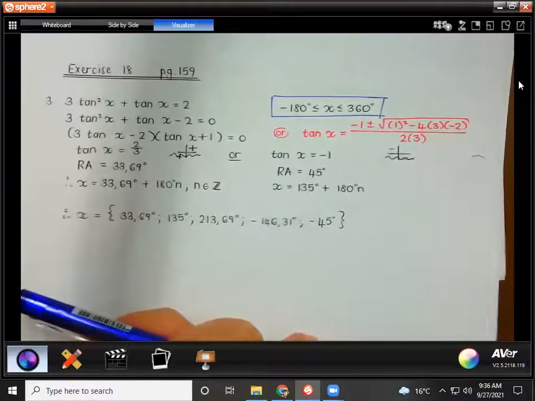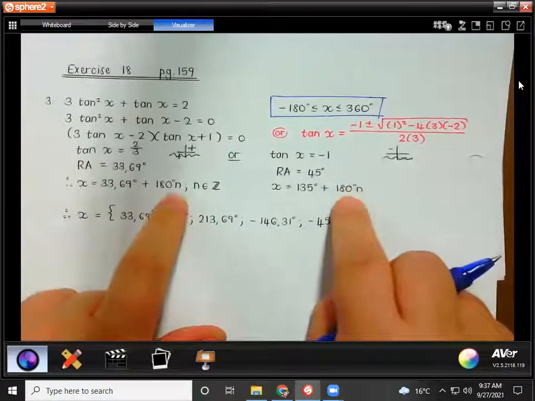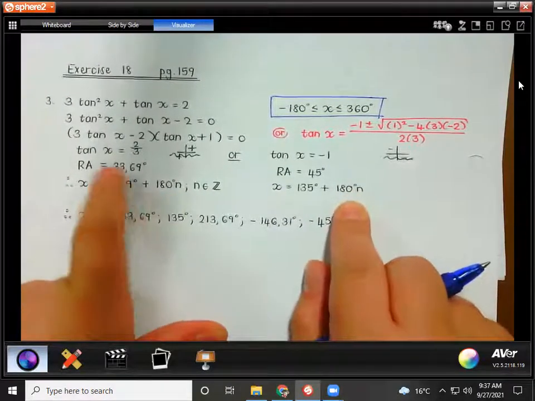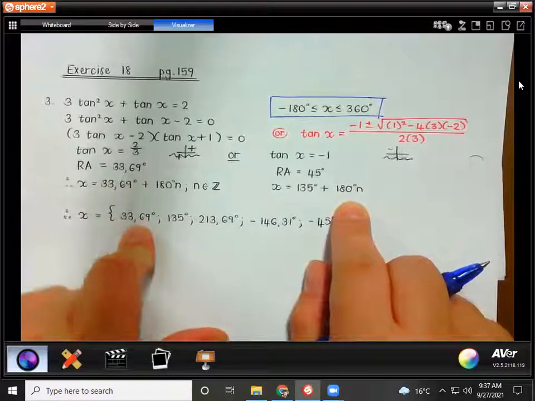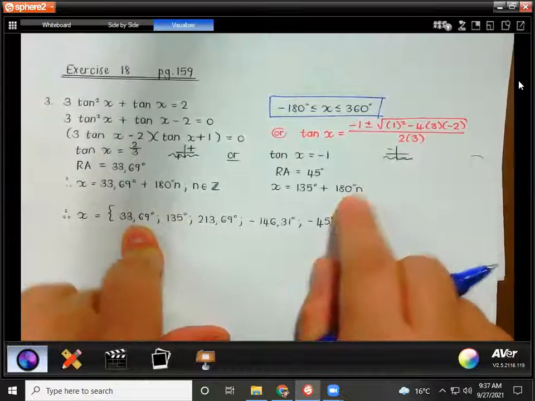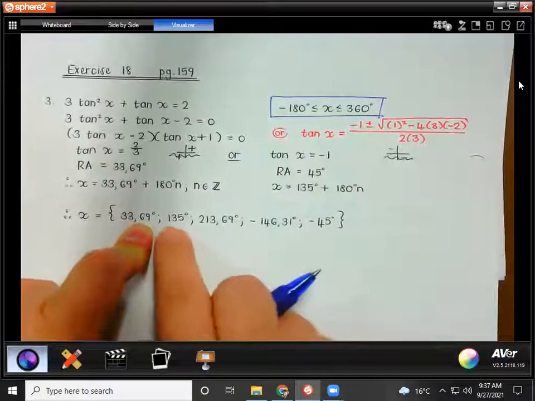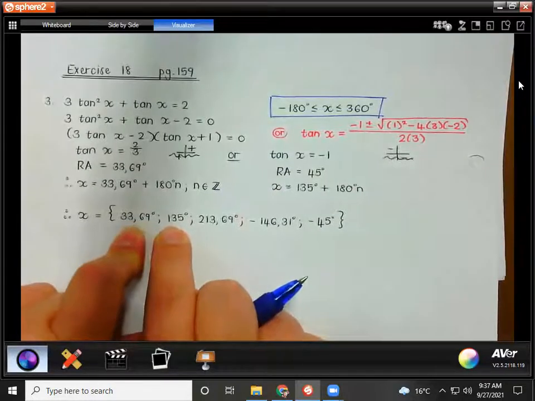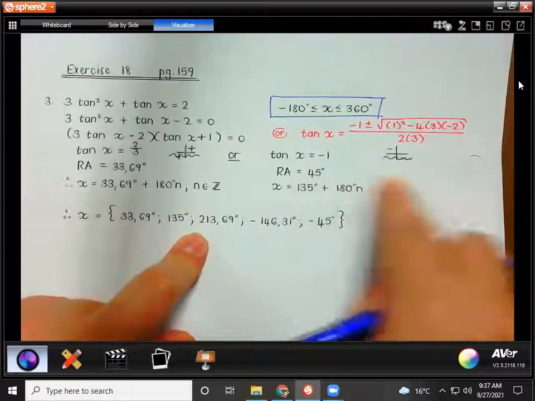Sorry about that. So my first one, I made n equal to 0 in both of these. Then you just have 33.69 plus 0, which is 33.69. Then in your second one, if n is 0 here, that whole term is 0, so it's just 135. Then I made n equal to 1, but I missed making n equal to 1 in this one somehow.